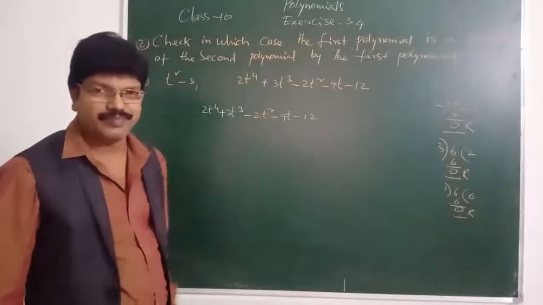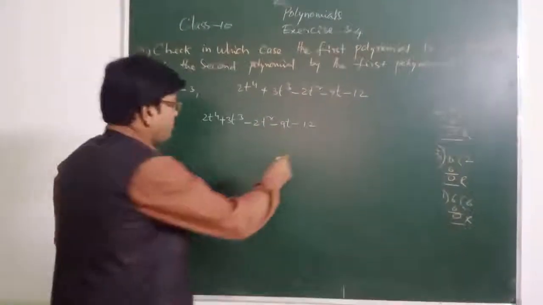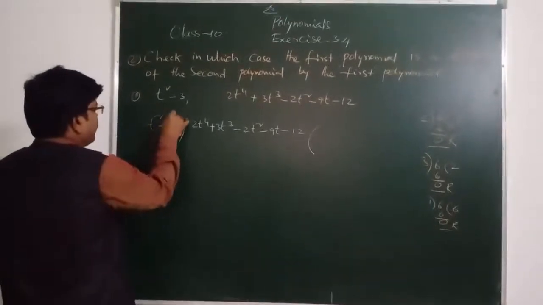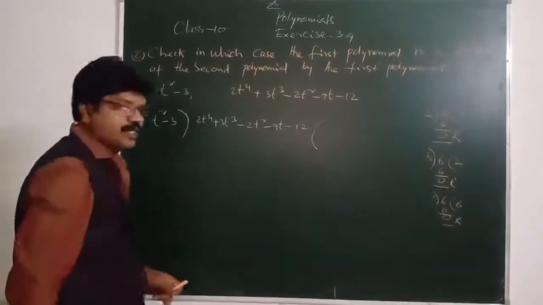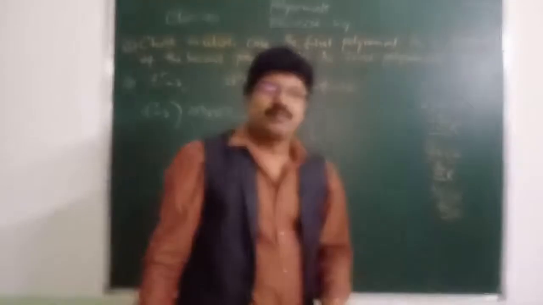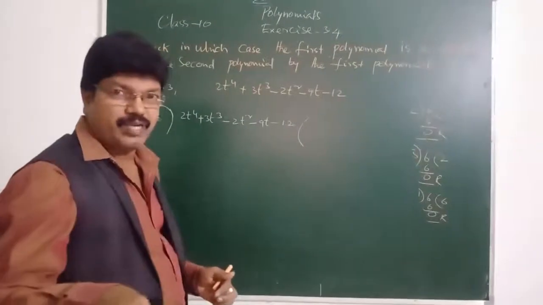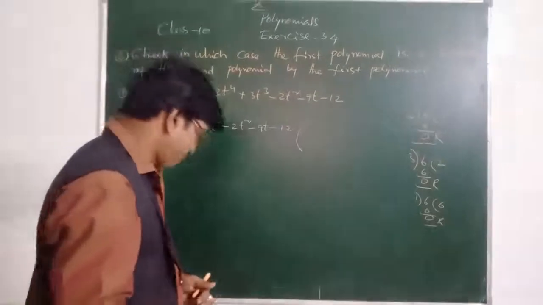Yes, it is in order. Now divide by t square minus 3. I already explained the process of division in the previous video.